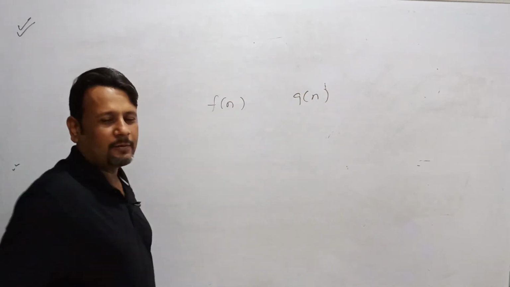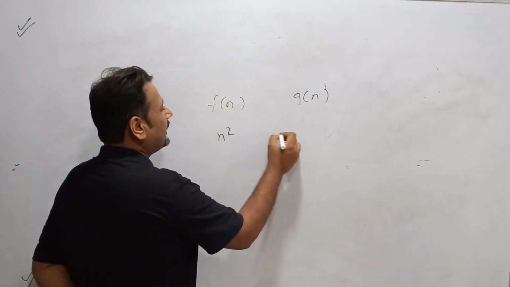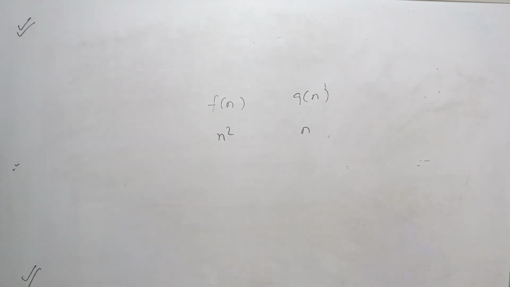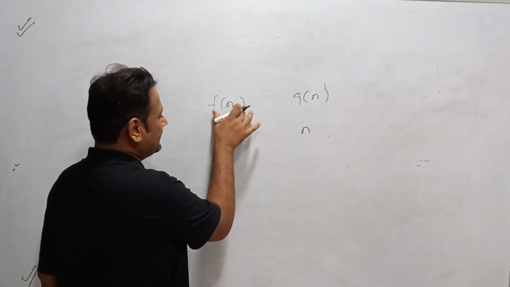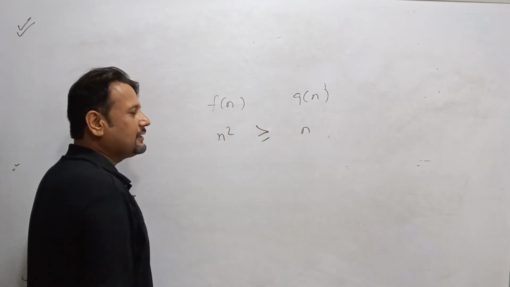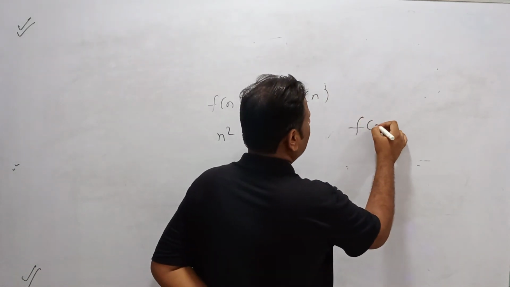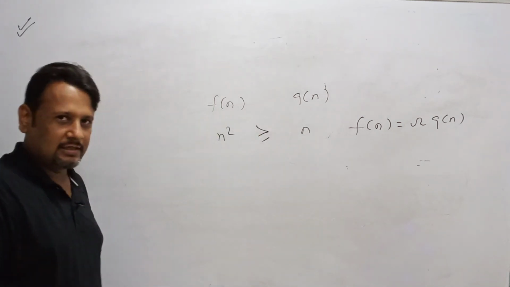You can stop the video and think about this. n square and n. What is true about these two? See, this n square can never be less than this one. That means this is always going to be higher than this one. That means which relationship? I can always have greater than or equal to, which means omega. This point is clear enough.